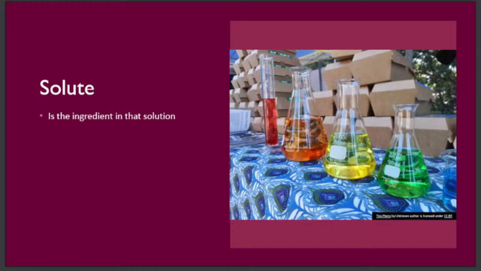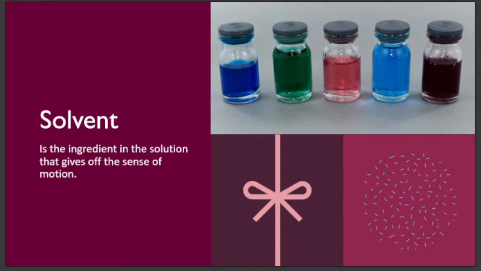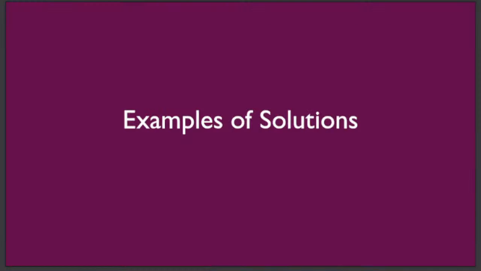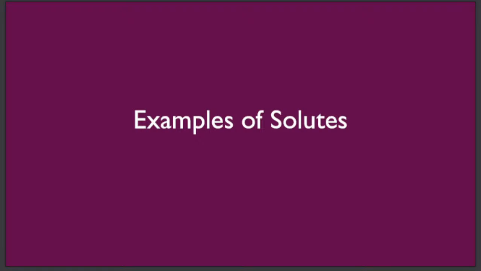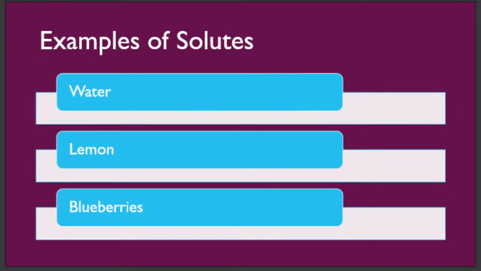And the main ingredient in salt water, for example, is water. Next, solvent. Solvent is the ingredient in the solution that gives off a sense of motion. Examples of solutions are salt water, chocolate cake, ice cream. Examples of solutes: they're water, lemon, and blueberries.